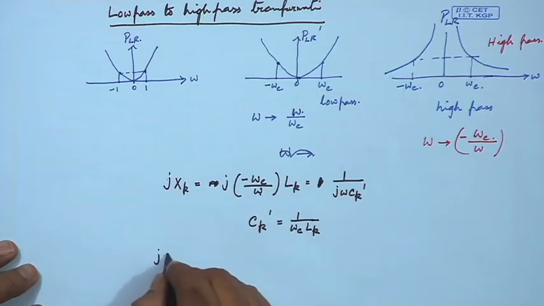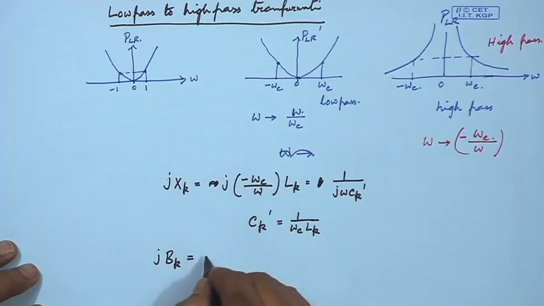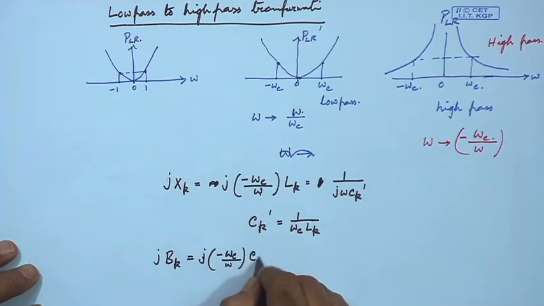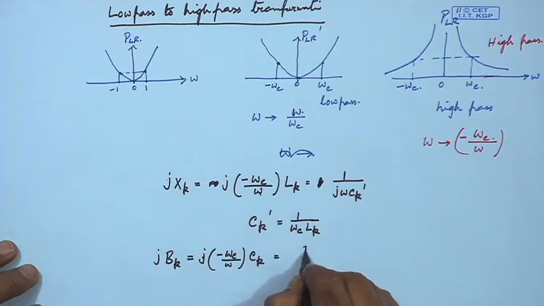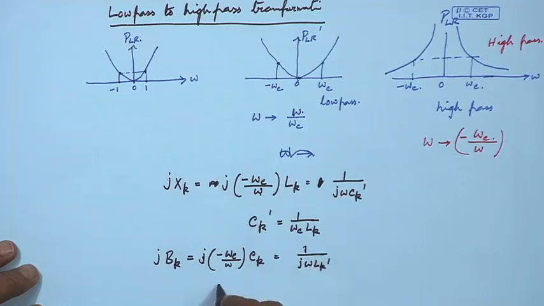Similarly, I can do a susceptance of a capacitor j B k, that will be j minus omega c by omega into C k, and that is 1 by j omega L k dashed. So, by comparing I now find that L k dashed is 1 by omega c C k.